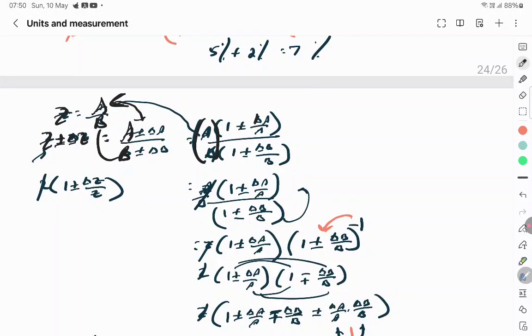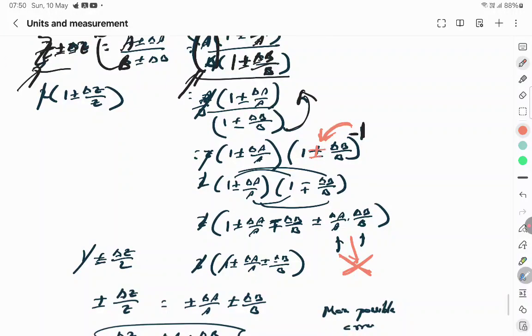It will become 1 plus or minus delta A by A, and 1 plus or minus delta B by B. Equating the left side and the right side, Z is nothing but A by B from the first equation. So you can cancel it, and you have to take this up using exponents and use the binomial theorem, according to which the minus 1 comes in the middle. So plus will become minus, and minus will become plus, it will become minus or plus.